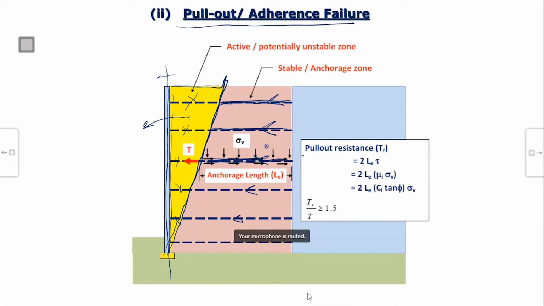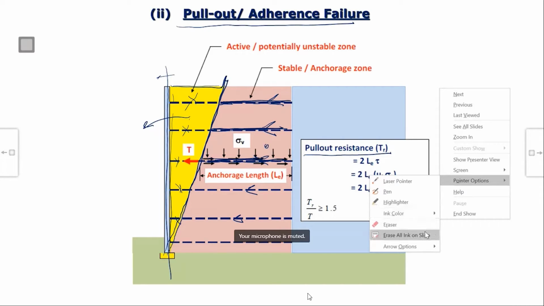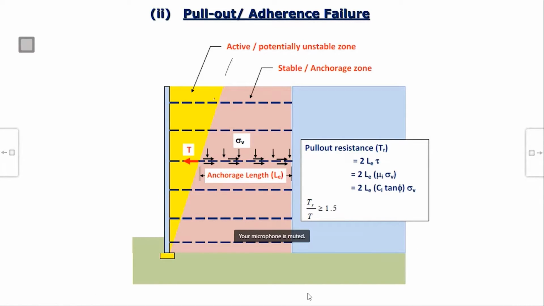So for the pull-out resistance of any one reinforcement, first I have to plot this active earth pressure wedge, and let us say I take this layer of reinforcement. Then its pull-out resistance will be, if this anchor length is LE, or many times we also put it LIP.